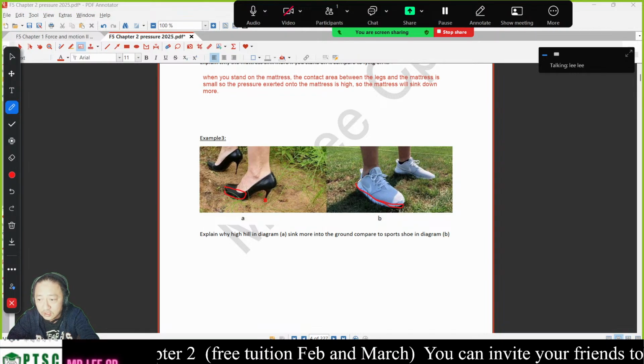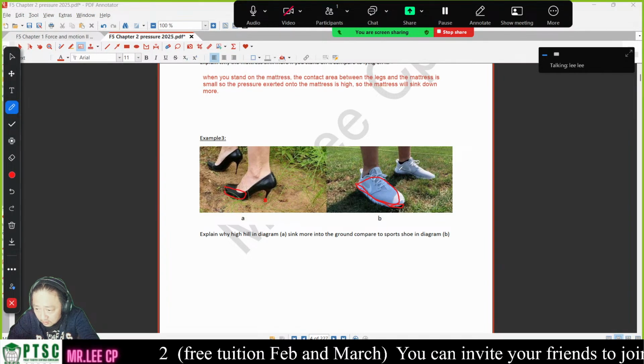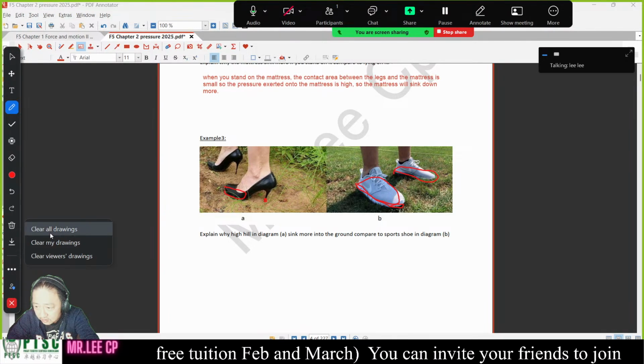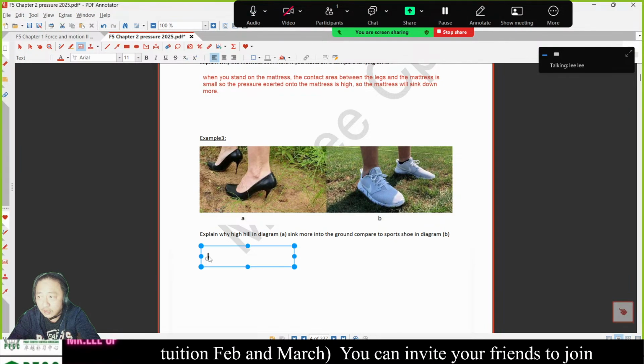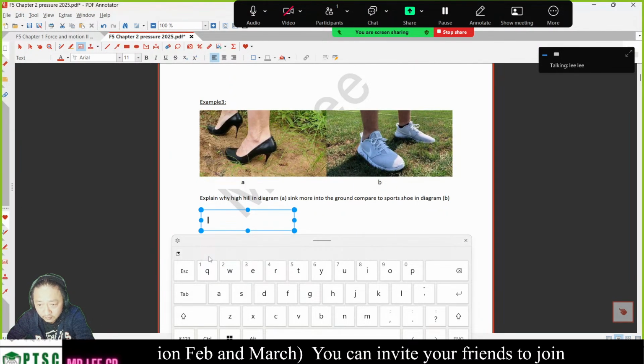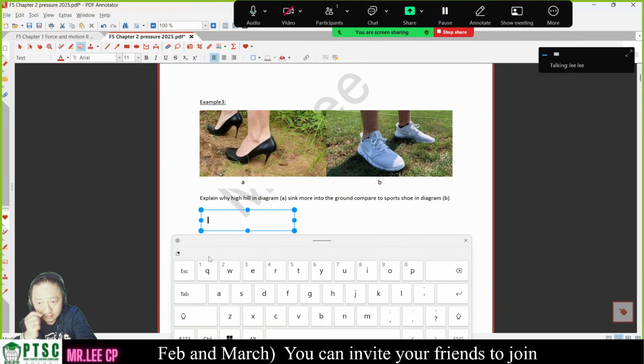So here, the contact area is more. Okay, so same thing, right? Why does the high heel sink more?